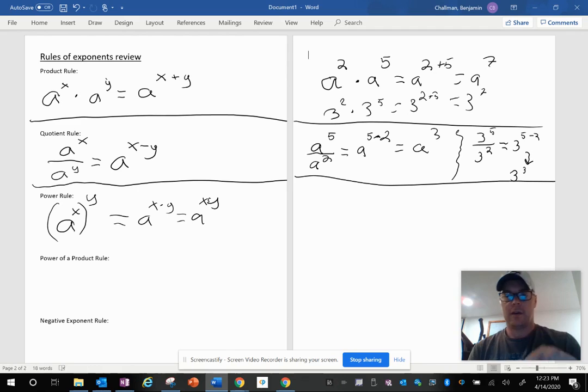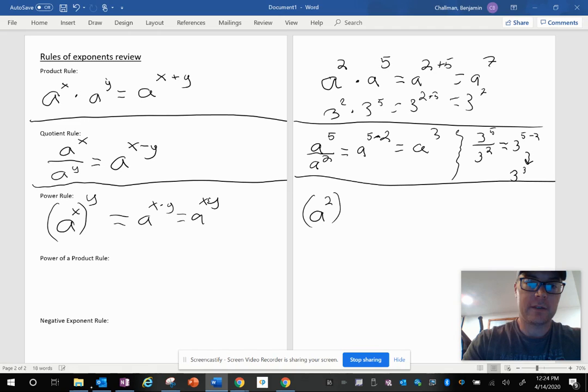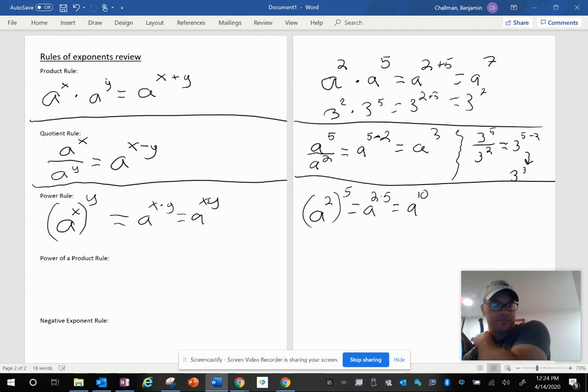Okay, so if I did that using numbers, I'm going to do it again over here. A squared, if I raise that to the fifth power, that's going to equal a to the 2 times 5, which equals a to the 10th. I think you kind of get the picture here.